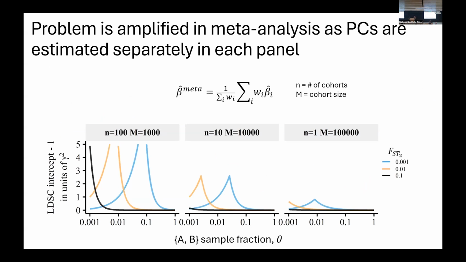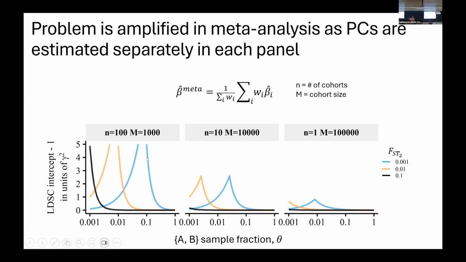The problem is also worse in meta-analyses, because in a meta-analysis we are trying to estimate effect sizes based on different cohorts collated together, but the PCs themselves were estimated in each individual cohort. So even though your GWAS is applied to a sample size n, the PCs were estimated with sample size m, which could be much smaller.